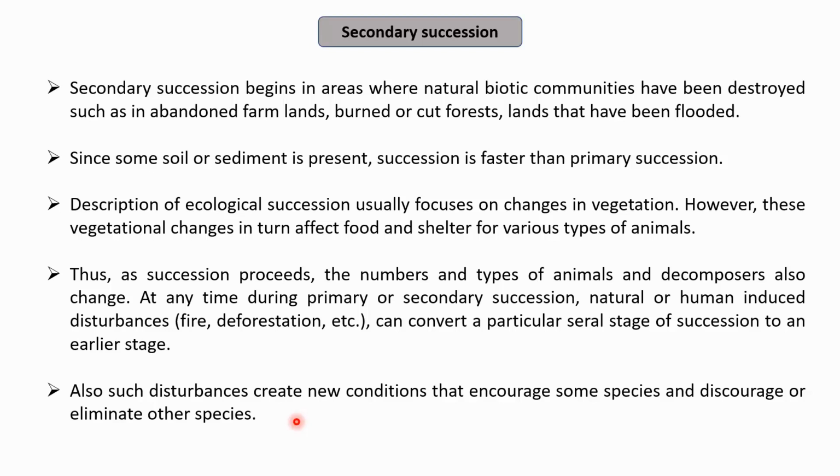Therefore, the secondary succession is faster as compared to the primary succession, because already the soil is present and already some organisms are present.